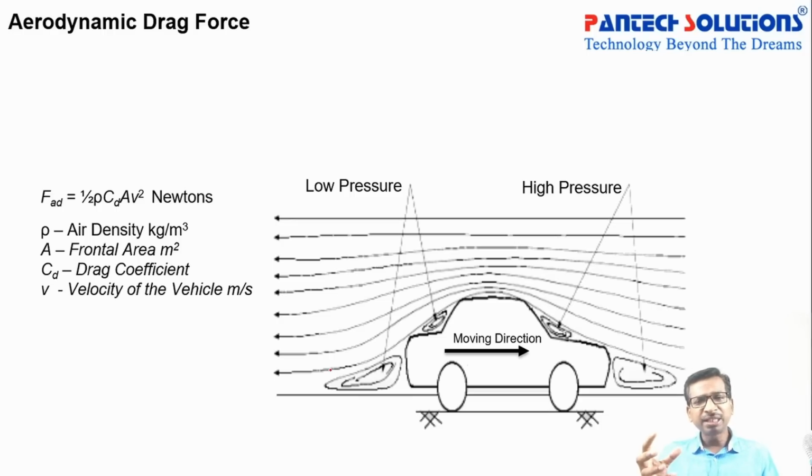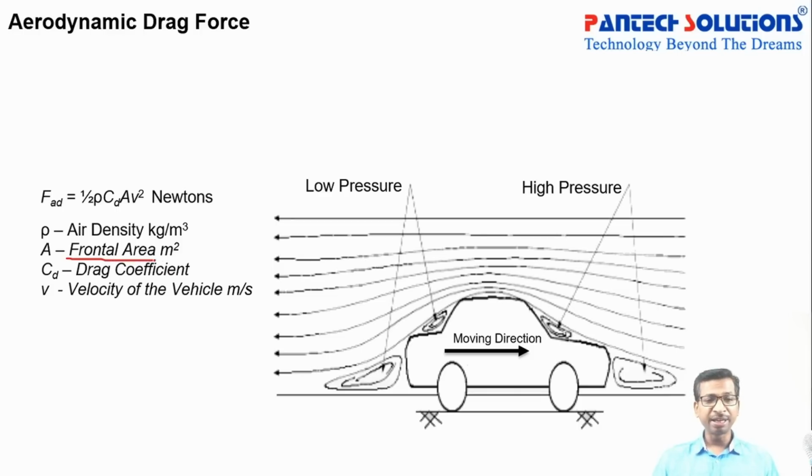The high pressure air will resist your motion, so you have to apply more power to overcome this pressure. That is the formula to calculate it. The aerodynamic drag force FAD is equal to half rho, that is the air density, times CD, which is the drag coefficient. Again, this depends on the design of your vehicle, so it also has some constant values.